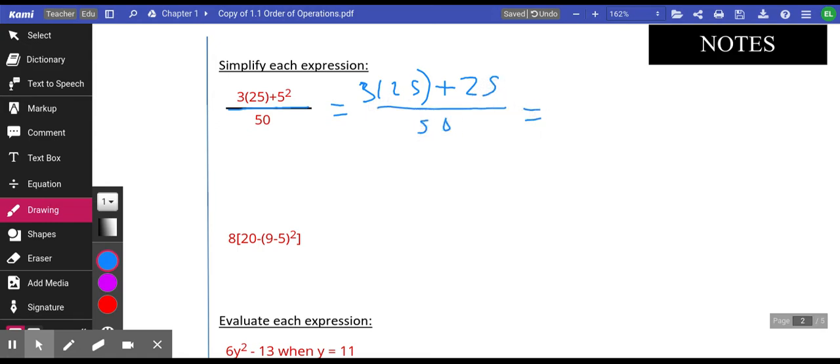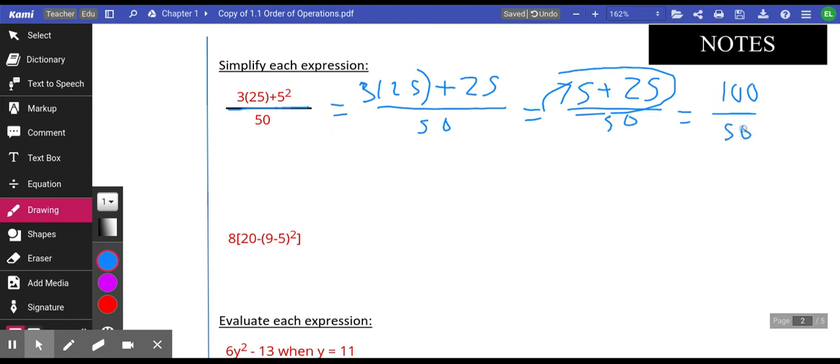And then 3 times 25 is 75. So I performed the multiplication. Now, you might be thinking, well, don't we perform division before addition? But again, this grouping symbol forces me to add these two numbers together first. So this becomes 100 divided by 50. So the final value is 2.